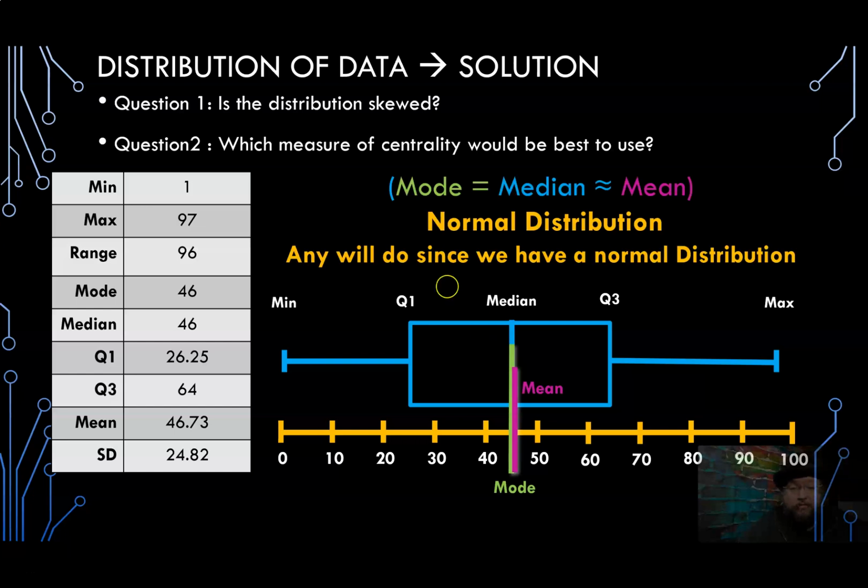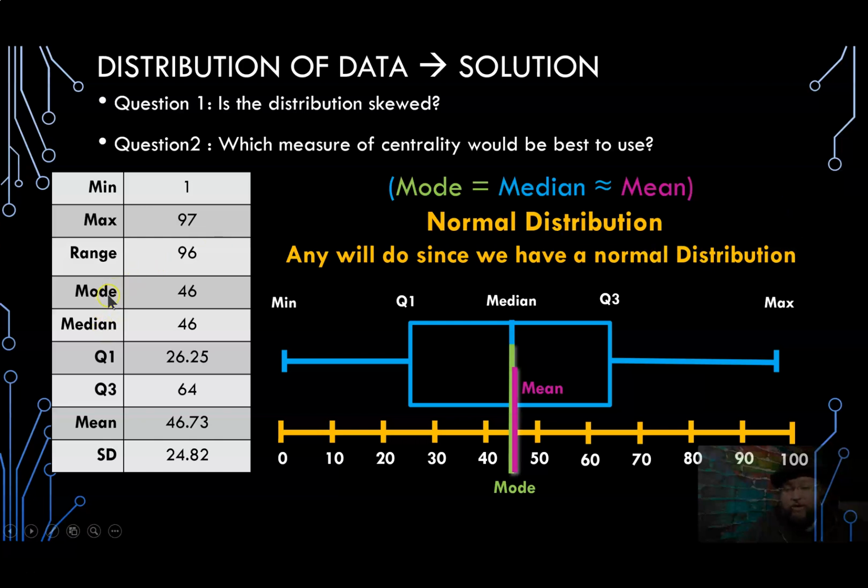The mode equals the median, the median roughly equals the mean, and the mean roughly equals the mode. There's only that 0.73 off from these two values. So we'd say we have a normal distribution, and so we could use either of the measures of centrality.